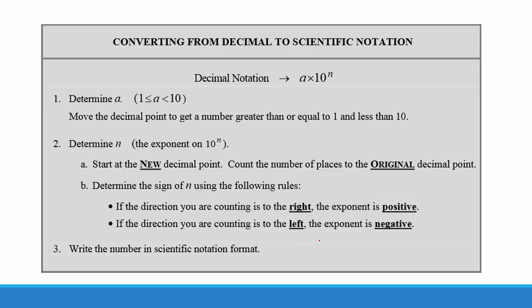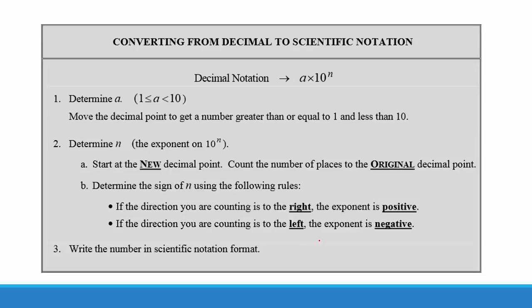The number for the exponent will be determined by how many places we move the decimal point in order to get it into the place to the right of the first non-zero digit as we look at the number from left to right.